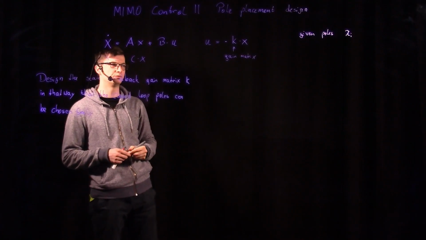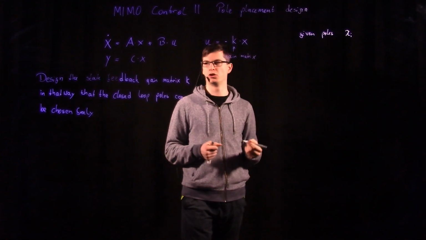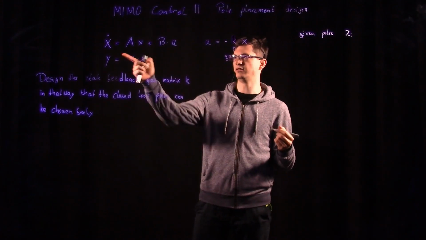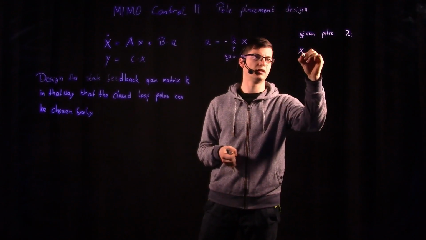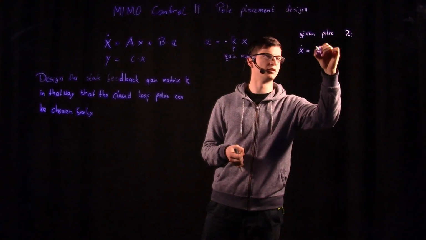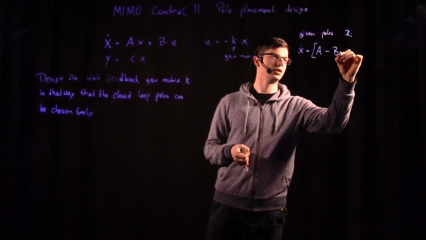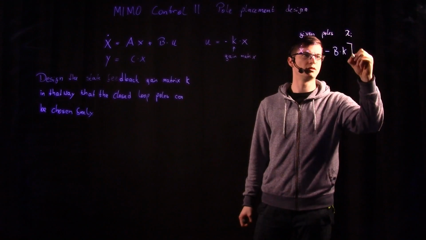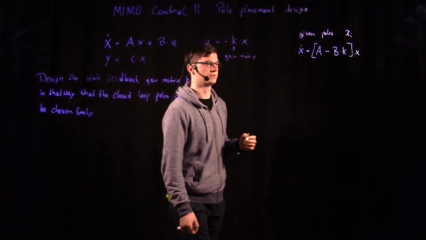Okay, what will we do? First of all, we define our closed loop system. The closed loop system will be slightly different from this system. We will say x dot equals the original A minus B times K, and this whole expression times x.